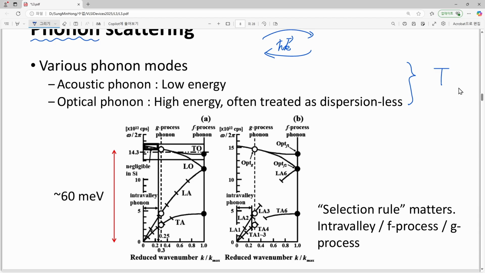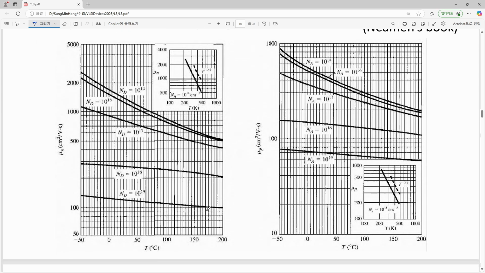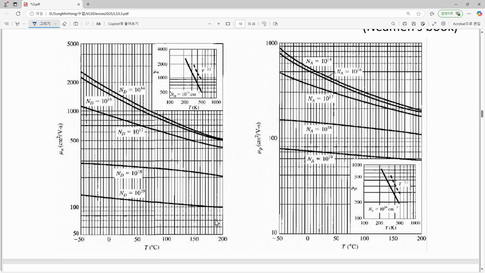There are many different phonons, and the common factor is that the strength of phonon scattering is proportional to the temperature. Yes, because phonons are thermal vibration of the lattice, and if we go to low temperature, quite close to 0 Kelvin, then there will be no phonon scattering at all. Where are we now? We are living around here, so this is roughly 300 Kelvin.